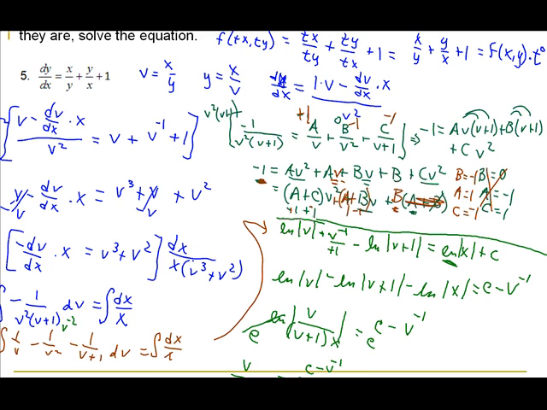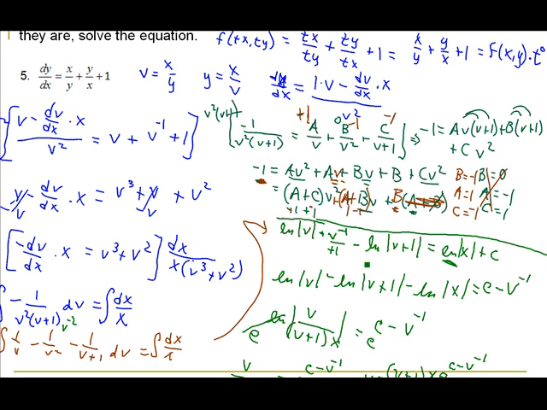And then multiplying by this denominator, I'm going to get the v by itself. I get v is equal to v plus 1 times x e to the c minus v to the negative first.